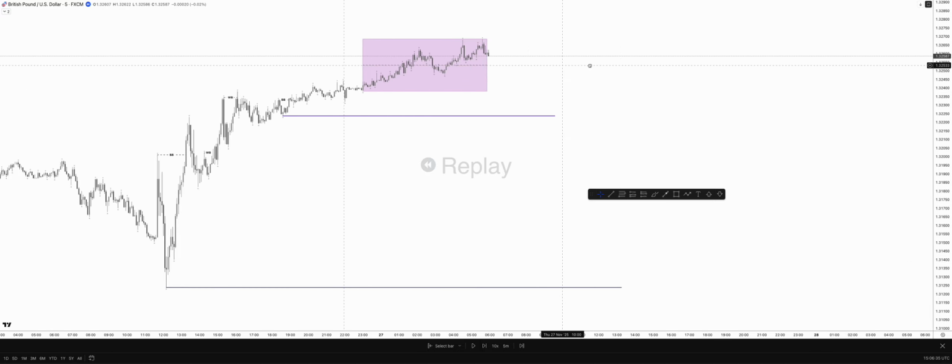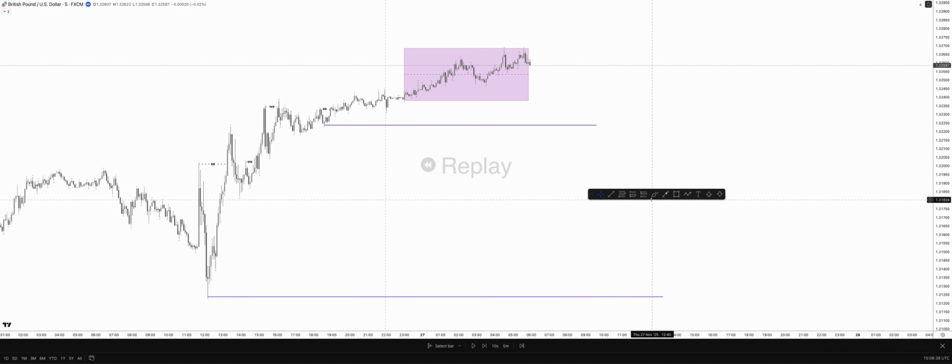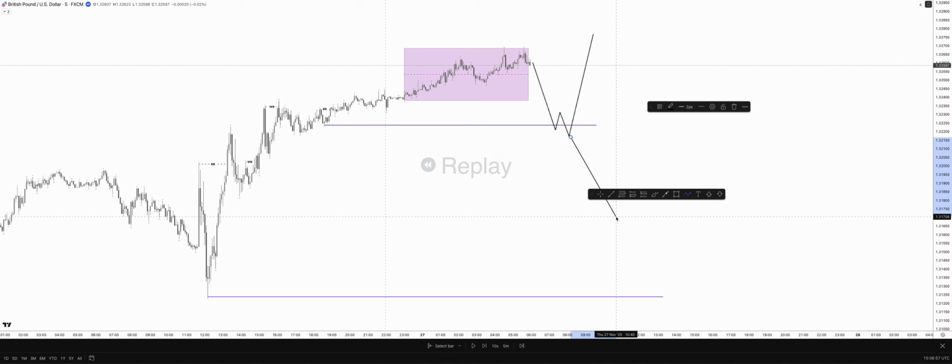There you go. So if we have a look here, okay, and say for example, this is price. Price is going to move down, okay? If price taps this, what should happen? Price should, within a quick amount of time, start to move higher, okay? If price does this, are we likely to move higher now?